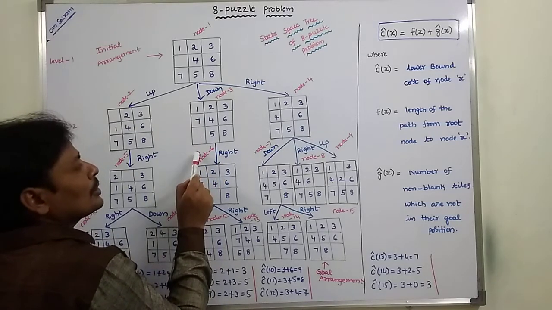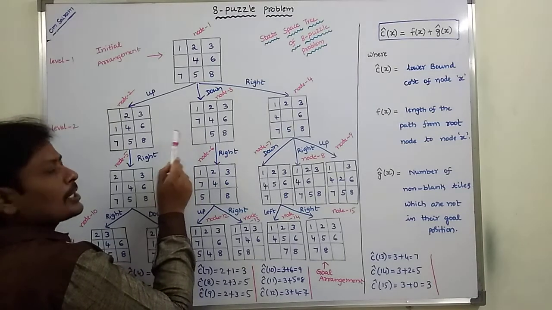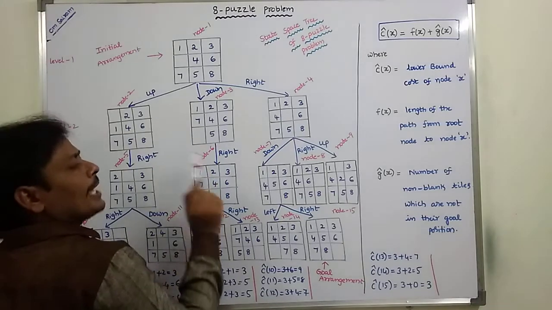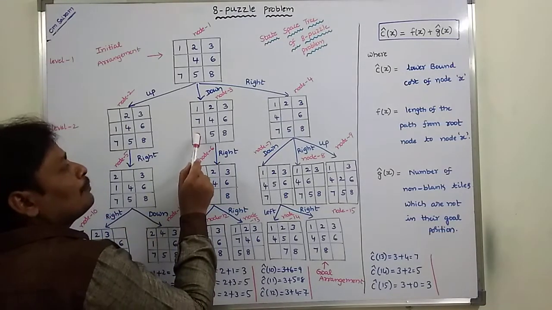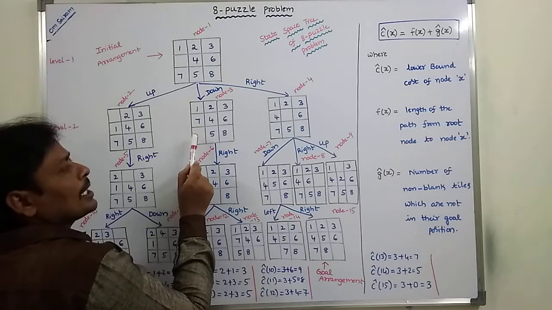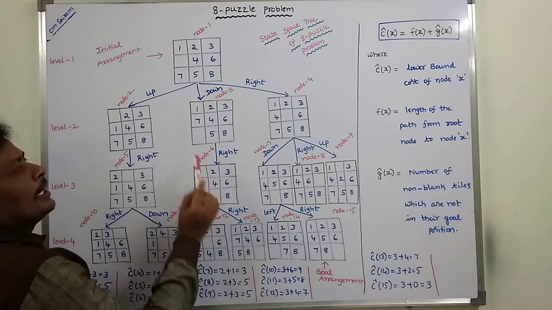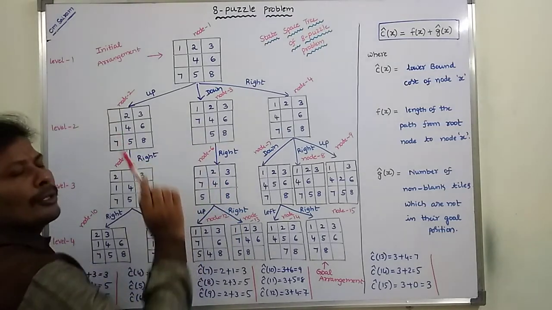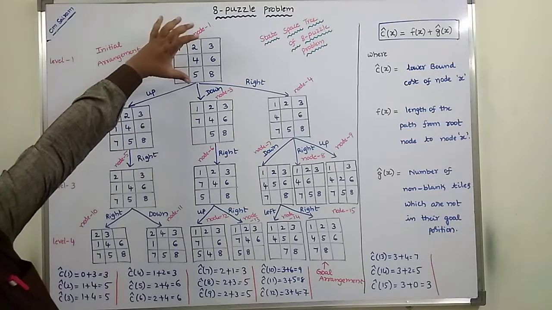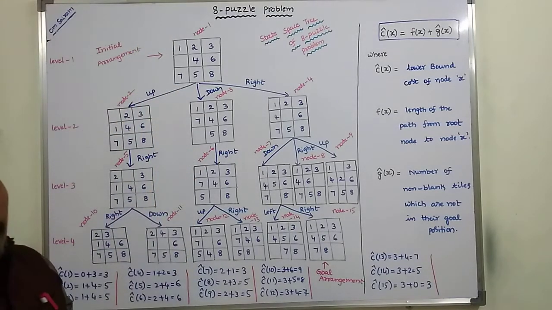The fifth tile can be moved to this position, and the empty tile can be moved to this position. Moving up would give node 1, so we are not considering the up direction.